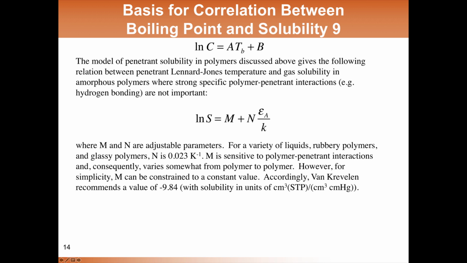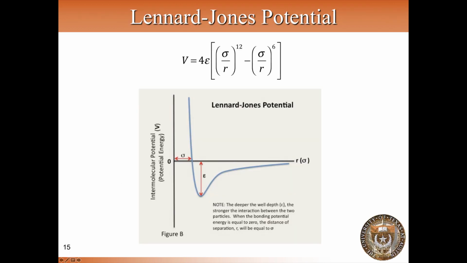However, for rough order of estimation of solubility, Van Krevelen has suggested a numerical value of minus 9.84 for M. And then this gives you a rough estimate, but a complete model for calculating gas solubility in polymers.